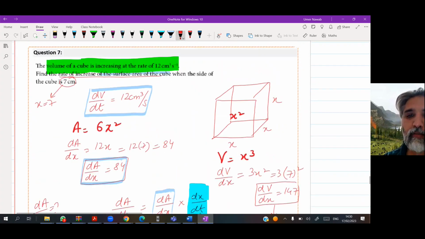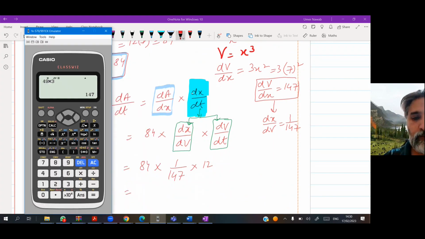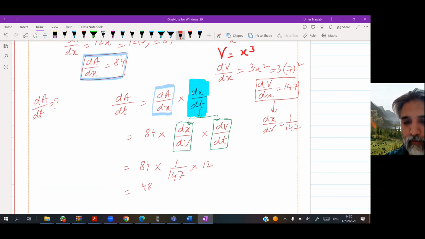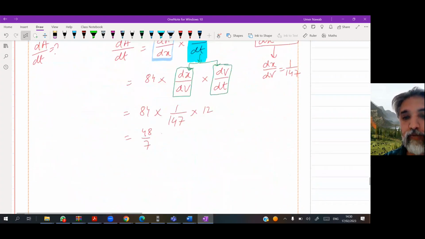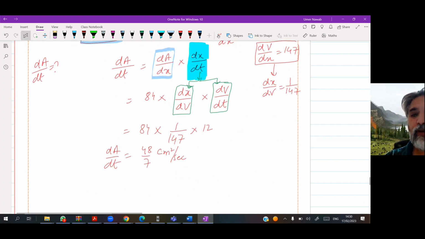And dV over dt, in the beginning, it was given 12. So write everything in the calculator and get your answer: 84 times 1 over 147 times 12. So we got 48/7. What are the units used? Centimeter squared per second. This is the rate of the surface area.